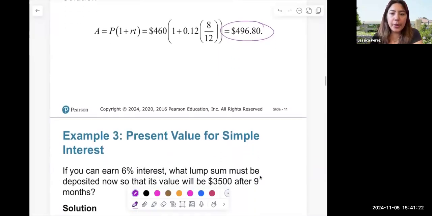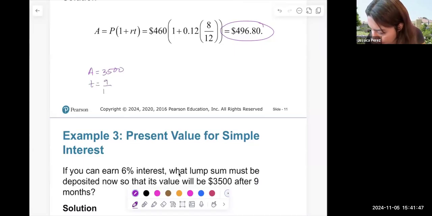Now, the present value for simple interest. If you can earn 6% interest, what lump sum must be deposited so that the value will be $3,500 after 9 months? So now you're looking for how much is the value deposited. A is given to be 3,500, T is 9 over 12, and the rate is 0.06.